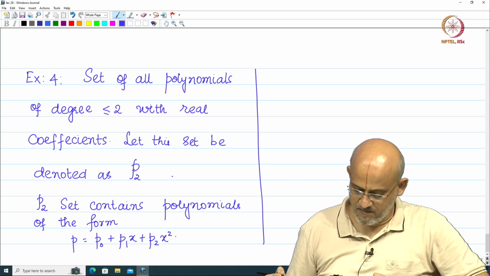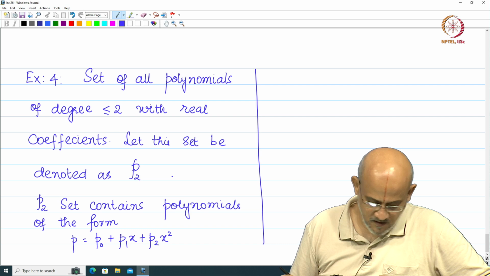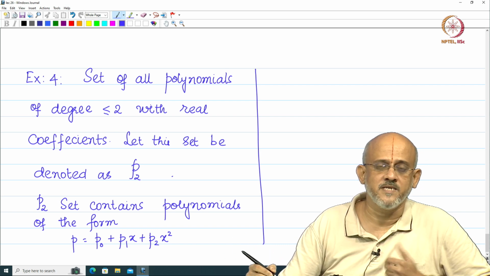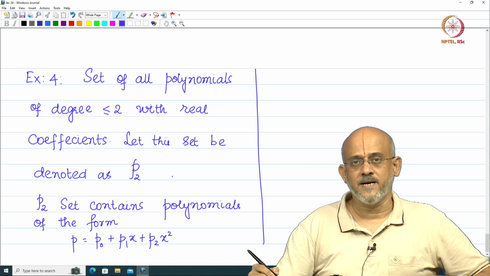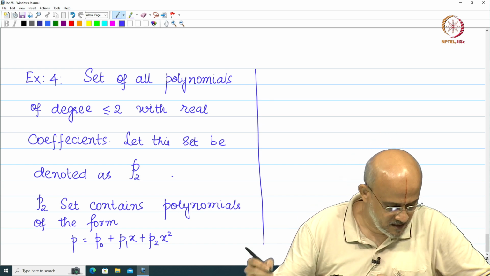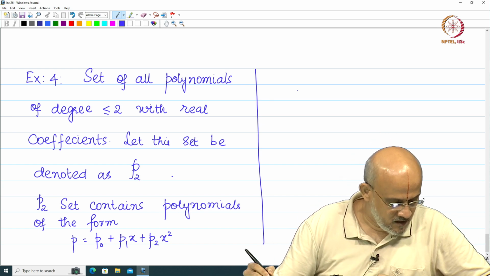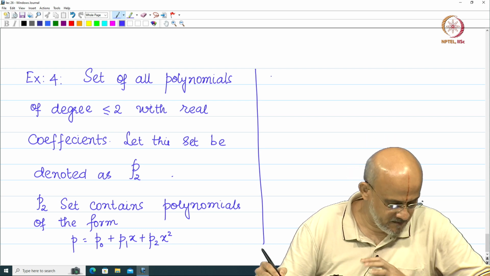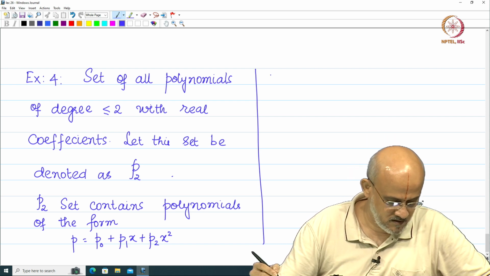So, how do we check whether this is going to be a vector space or not? We need to look at all the other properties also. We will define the vector addition and the scalar multiplication to be the usual operations.